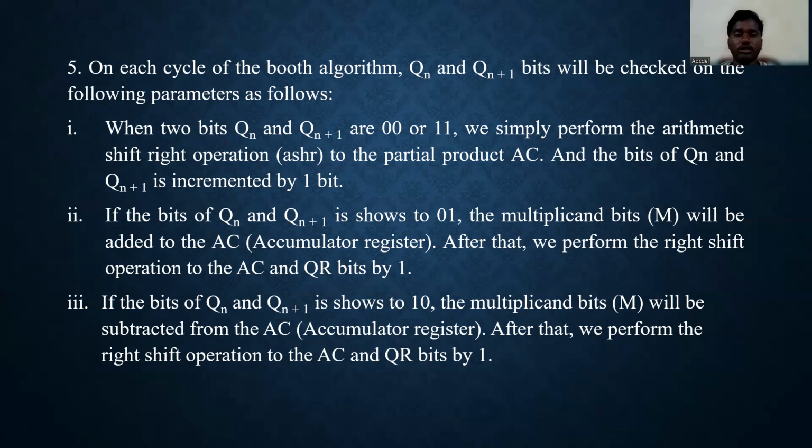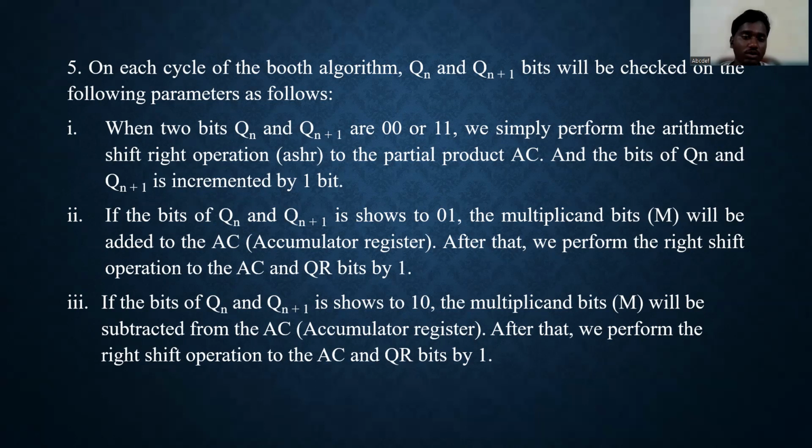If the bits of Qn and Qn+1 are 0, 1, the multiplicand bit M will be added to the AC. After that, we perform the right shift operation to the AC and QR bits by 1.